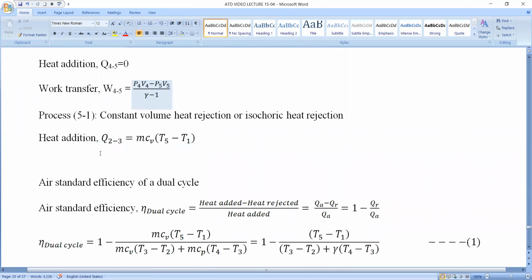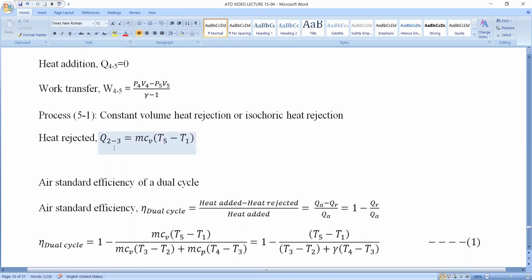Okay, I hope there is no confusion up till here. Now the last process is process 5 to 1, the constant volume heat rejection, that is isochoric heat rejection.